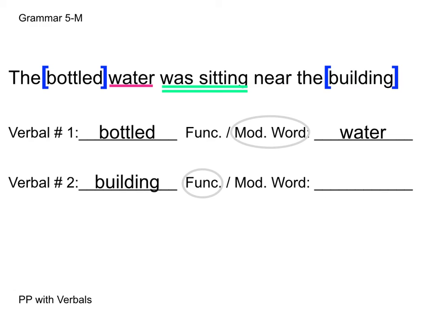Instead, it is that OP. It is near the building, building being the noun ending the prepositional phrase. Notice that in this activity, we are not looking for the entire prepositional phrase, nor are we looking for an entire verbal phrase. We're just looking for the verbals by themselves.